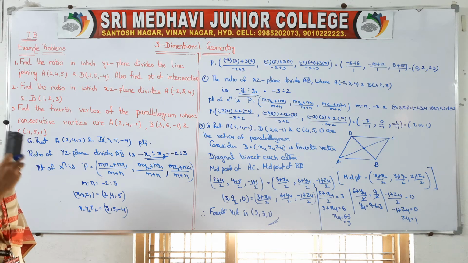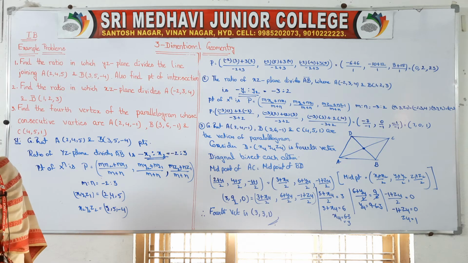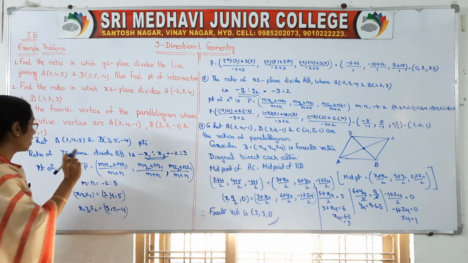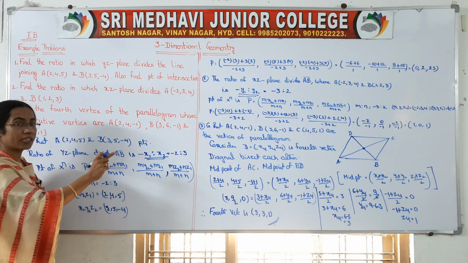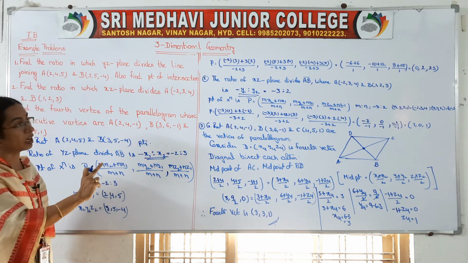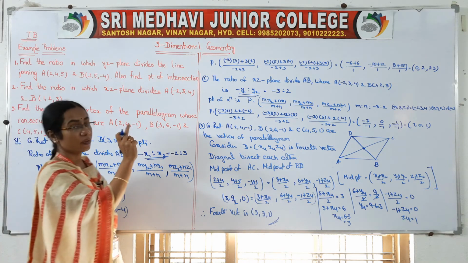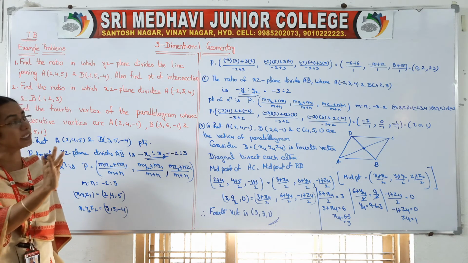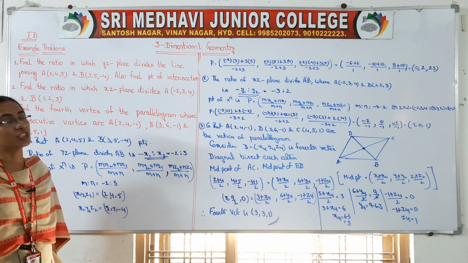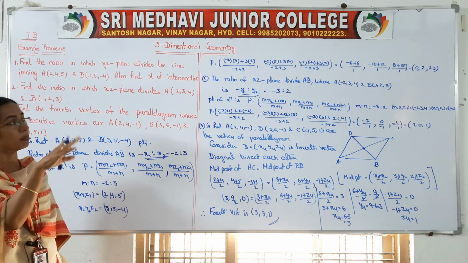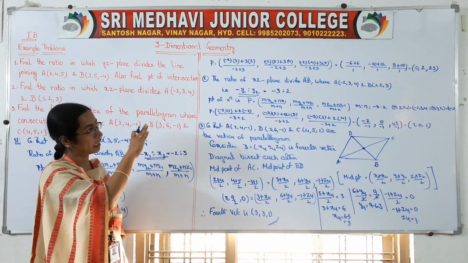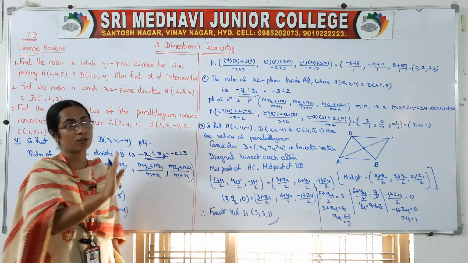Next question, at what ratio does the xz plane divide AB? How can we remember these formulas? For the yz plane we take the formula in terms of x coordinates, and for the xz plane we take the formula in terms of y coordinates, right. These formulas we cannot change, but we can remember like this: for the xz plane, not x coordinate, not z coordinate, the formula is in terms of y coordinate.